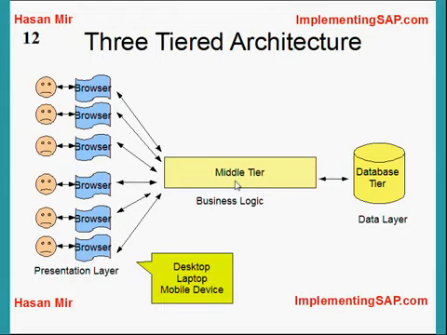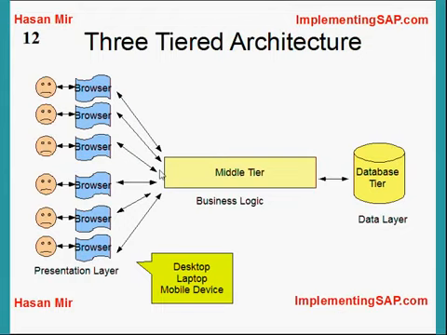The middle tier is a large computer with lots of resources. The actual SAP application resides in the middle tier, or application tier. This is the business logic tier of the three-tier architecture. Your browser is simply displaying the image. The actual software is running on the middle tier. So if three people are connected, all three screens are being processed in the middle tier.